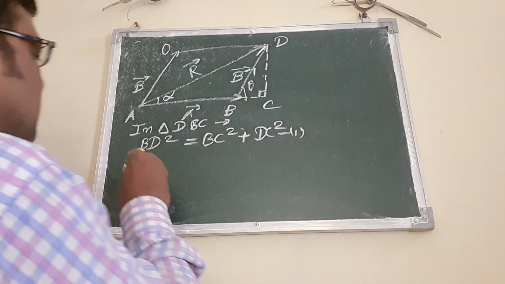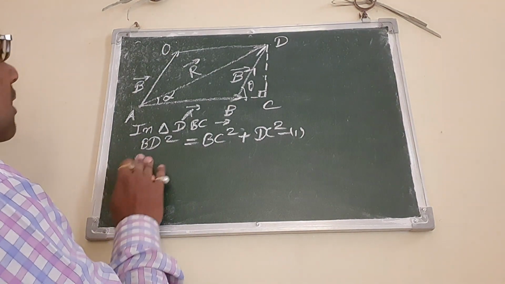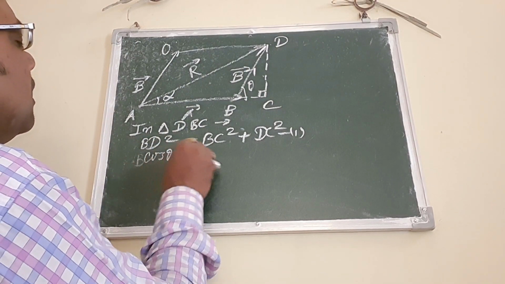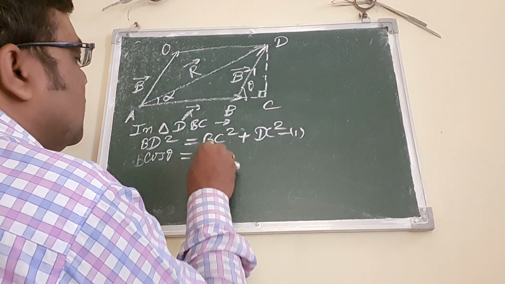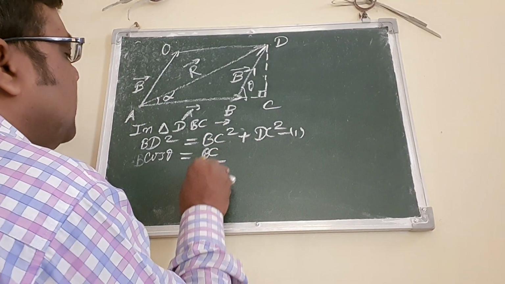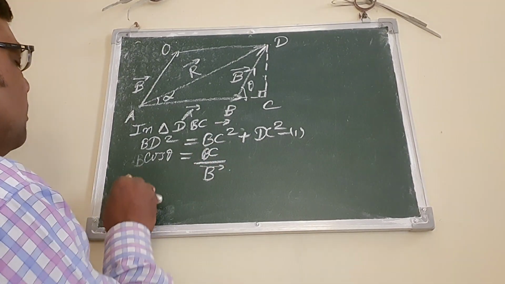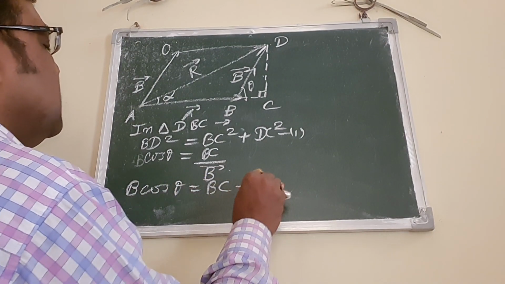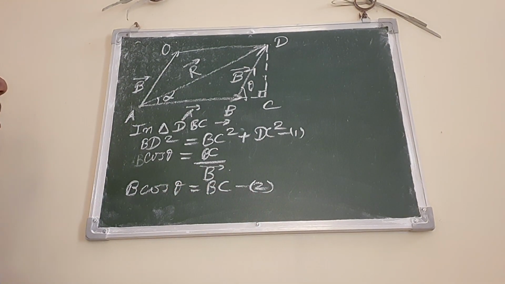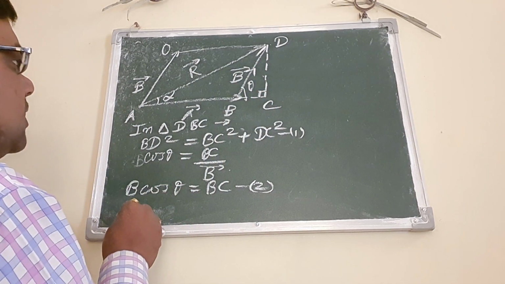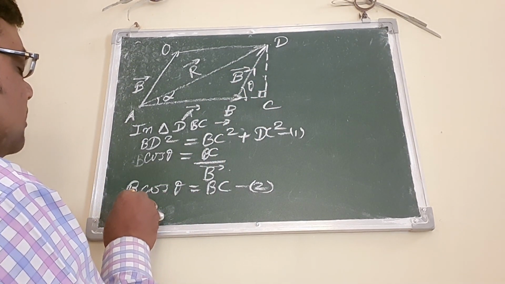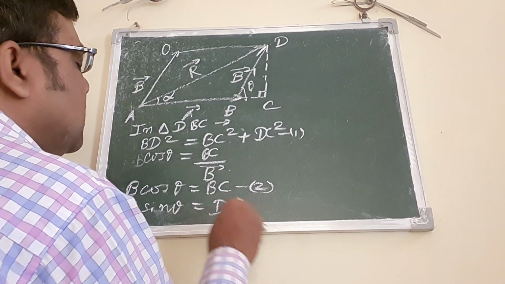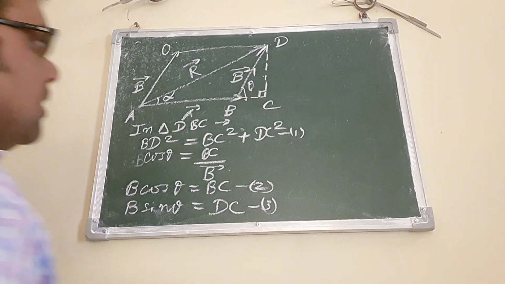Also we can write cos theta is equal to BC upon the vector B. So B cos theta equal to BC. This is our second equation. Similarly, we can write for DC: B sin theta equal to DC. This is our equation 3.